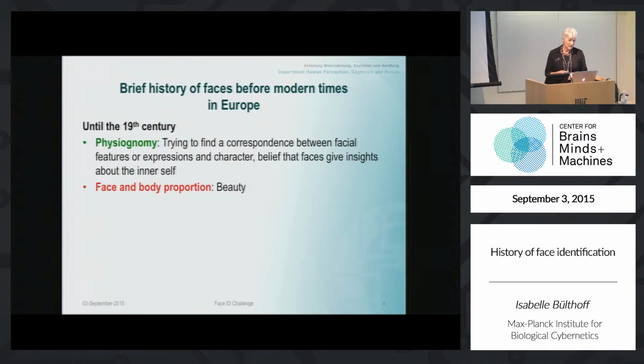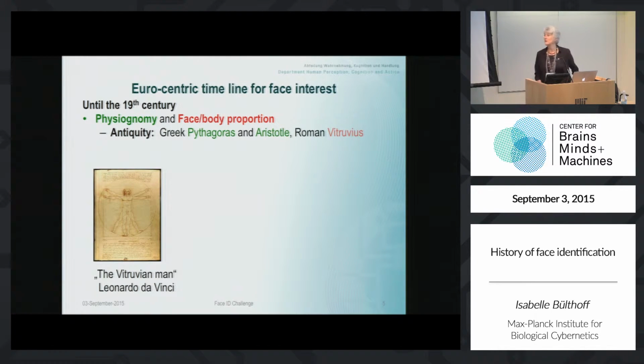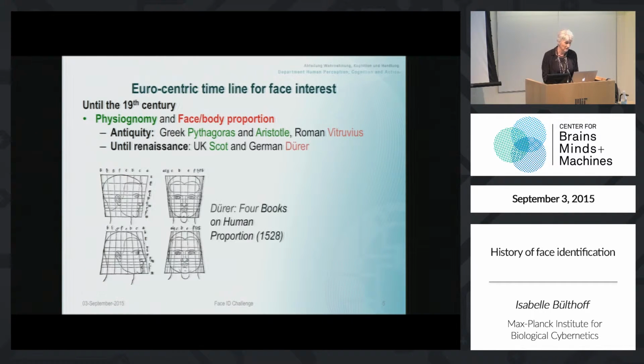The other interest was face and body proportion, the idea that beauty is related to having ideal proportion. In antiquity, famous Greeks were interested in physiognomy, and Vitruvius was interested in ideal body and face proportion, mostly known through this drawing by Leonardo da Vinci showing ideal proportion in the human body.